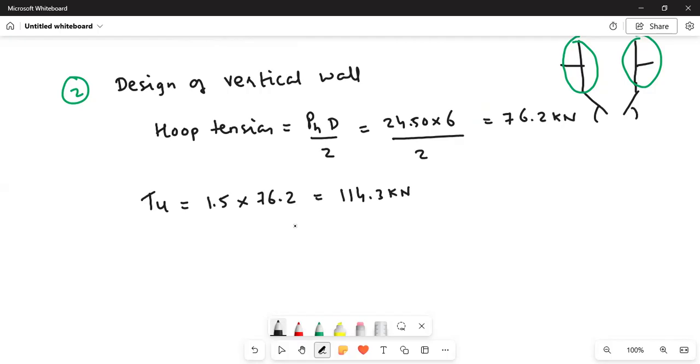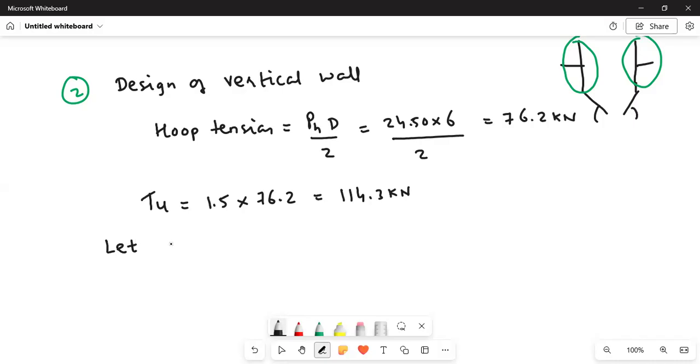Once we have gotten the factored load, from the factored load, we can find the area of reinforcement. Okay. To find the area of reinforcement, you also have to assume the thickness of the side wall, and you can assume between 150 mm to 200 mm. Okay, so we will assume the thickness of the side wall.